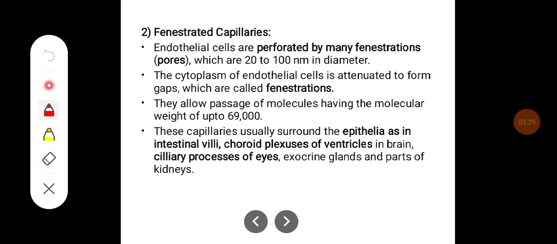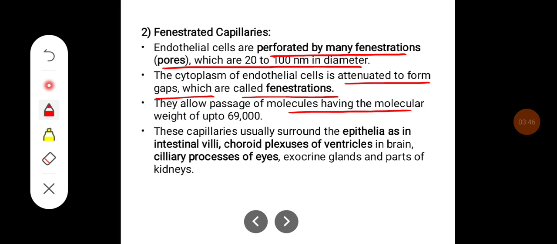Fenestrated capillaries. Endothelial cells are perforated by mini fenestrations or pores which are 20 to 100 nanometers in diameter. The cytoplasm of the endothelial cell is attenuated to form gaps which are called fenestrations. They allow passage of molecules having molecular weight up to 69,000.